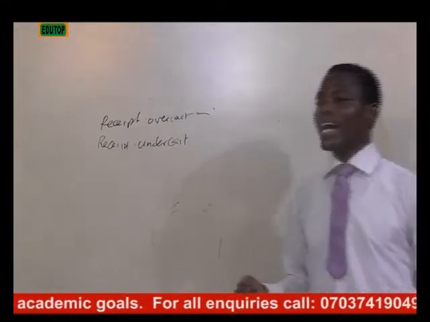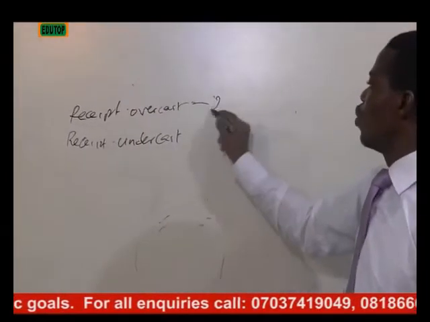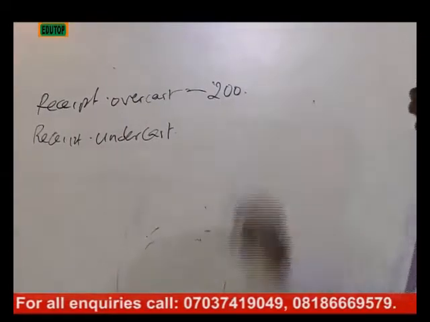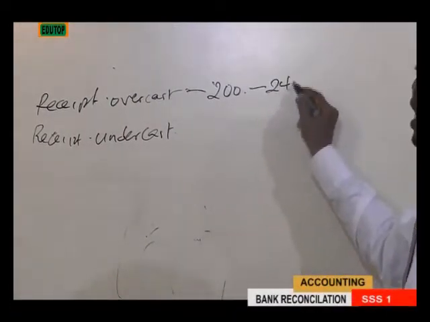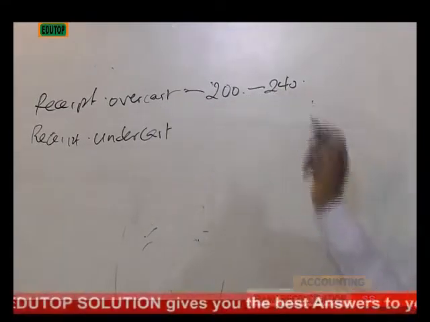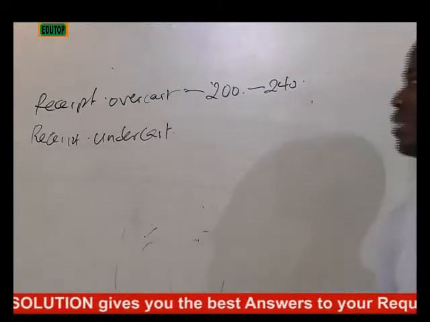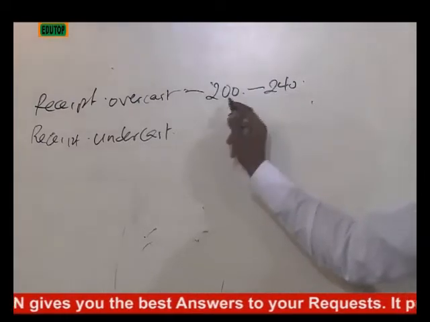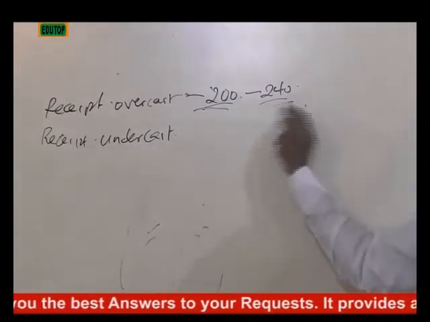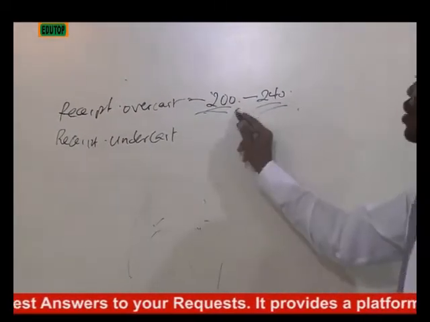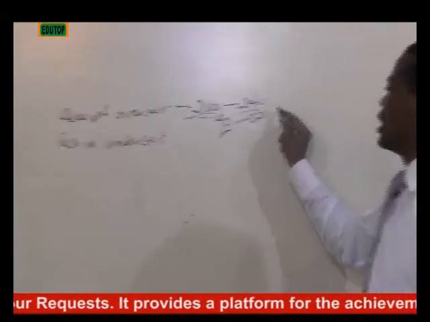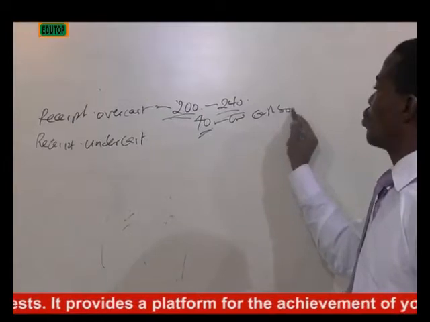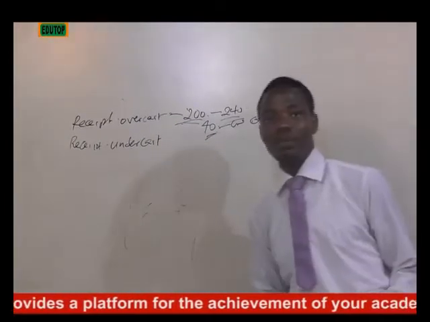Receipt overcast is when you're supposed to collect 200 naira and you collected 240 naira. That's what we call receipt overcast. You have to return 40 naira back, and that will be credited in your cash book. That is how we prepare receipt overcast.